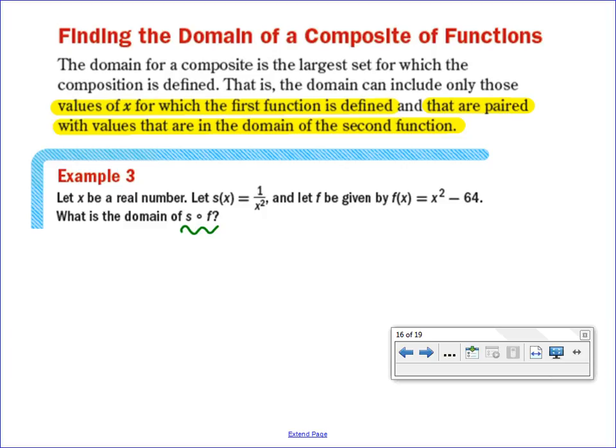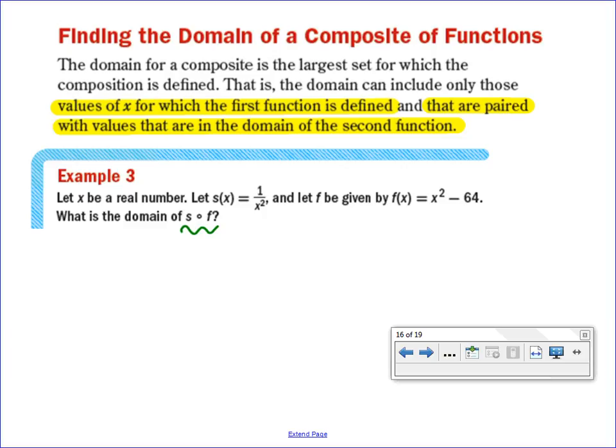For the S of x one, x is 0. X for f of x can't equal 8.